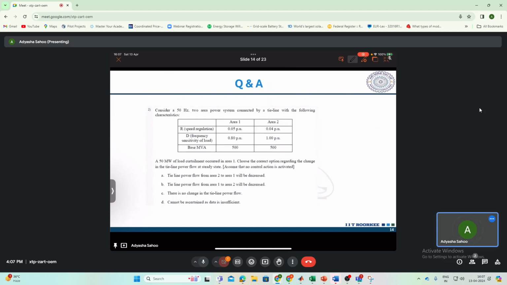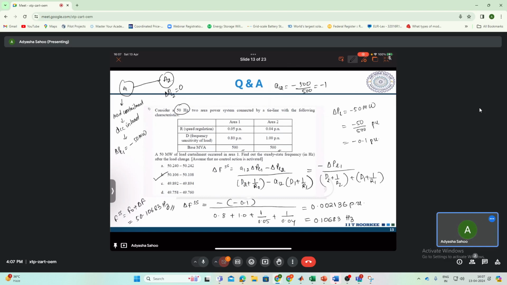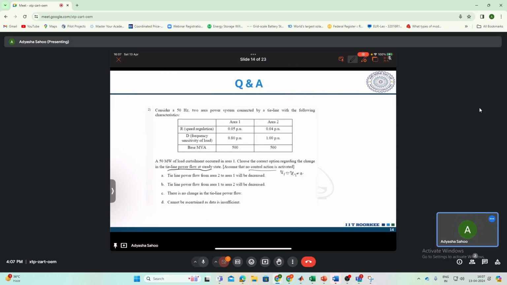Okay. Now I think the same question is there, and it is asking regarding change in tie line power flow at steady state, assuming no control action, right? So U1, U2 is 0. So tie line, if you see the expression, delta P tie 12 steady state.